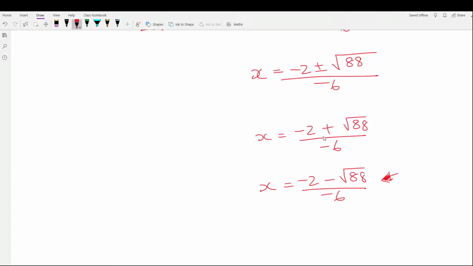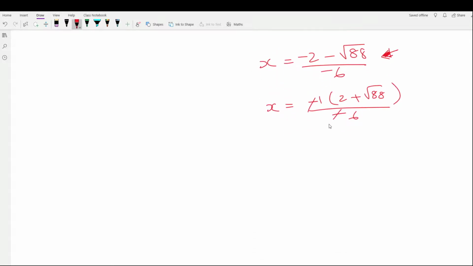So take a common factor of minus 1 out, so it'll be minus 1 times 2 plus root 88 over minus 6, so the minus cancels out, and we're left with x is equal to 2 plus root 88 over 6.